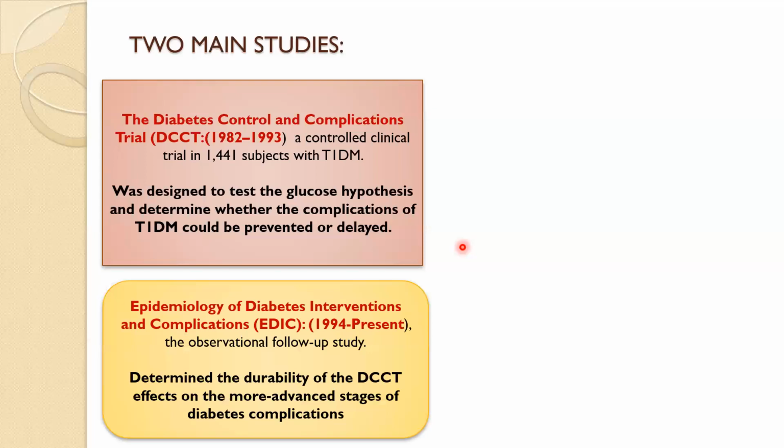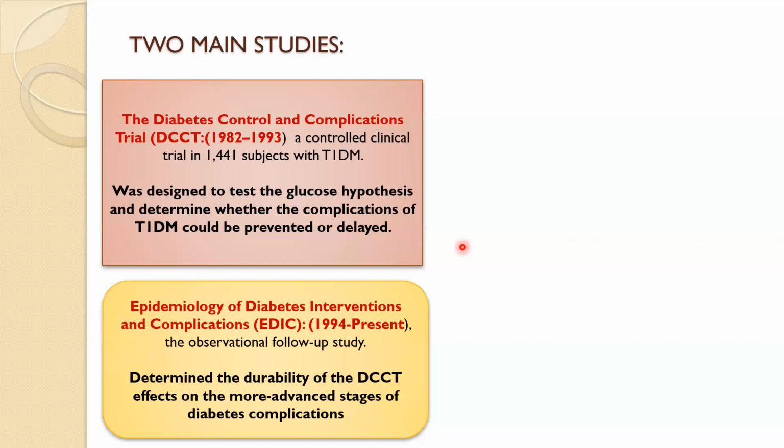After the 10 years, we had a follow-up study called Epidemiology of Diabetes Interventions and Complications. We shall call it EDIC. This was done from 1994, it has been running up to 2021 and is still running.